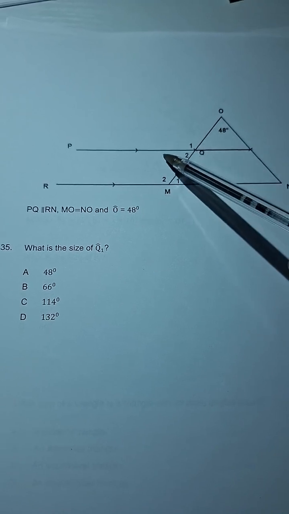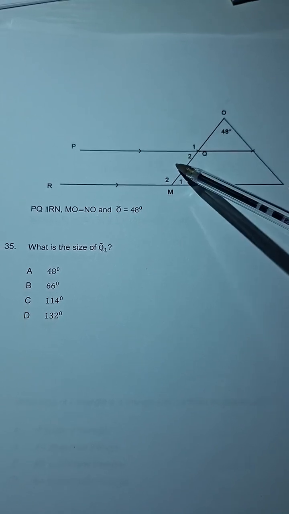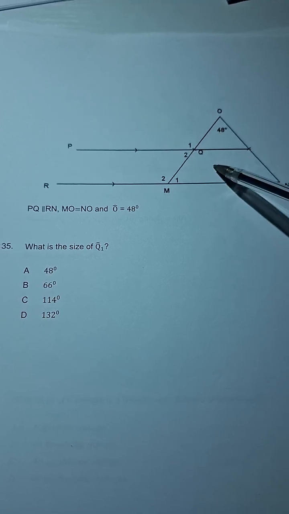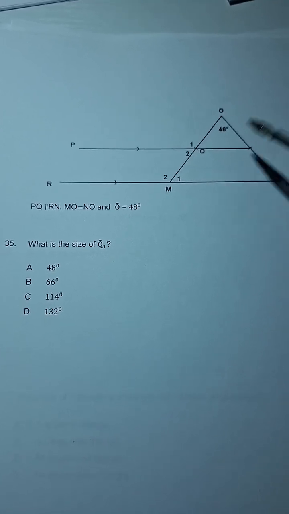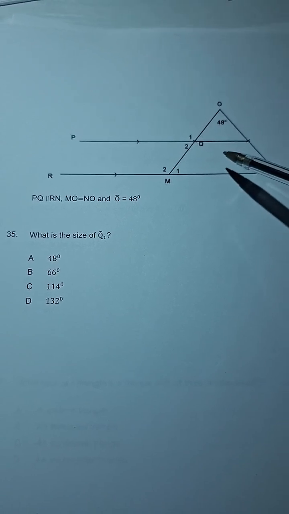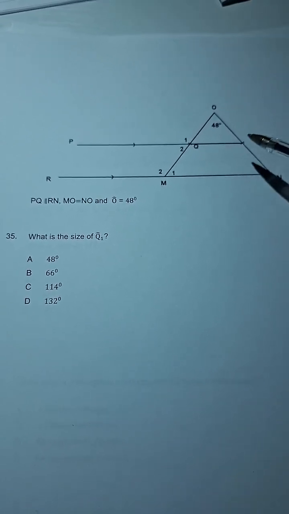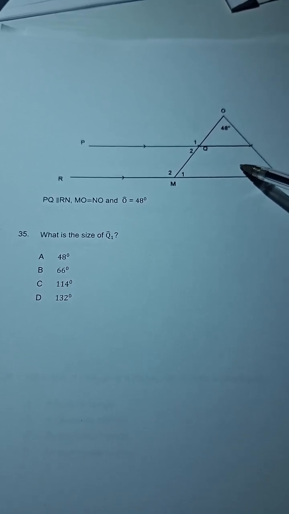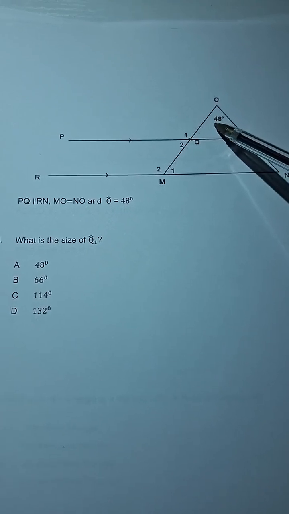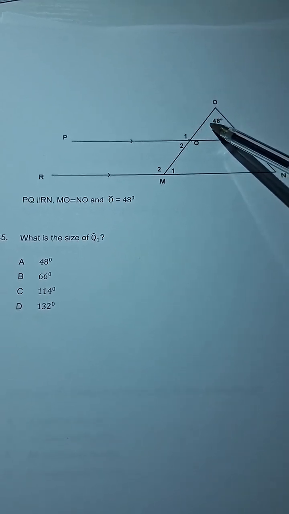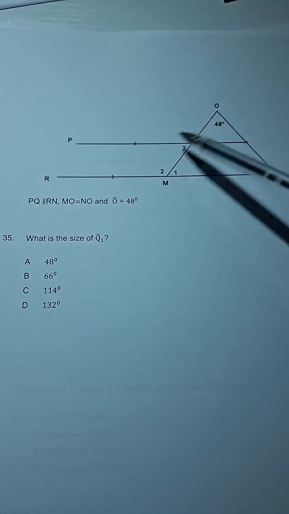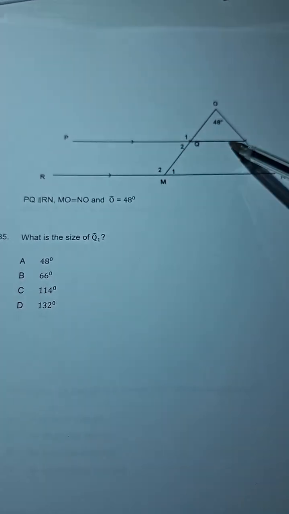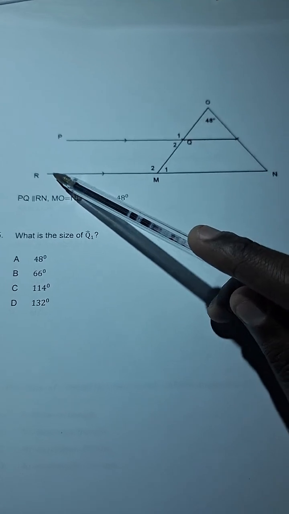It's very important that when we look at problems like this, we acknowledge what we have been given and what we have to find, because it becomes very important to know what we've been given so that we can know what to find. So what we've been given here is angle O, which is 48 degrees. We have also been given that PQ is parallel to RN.